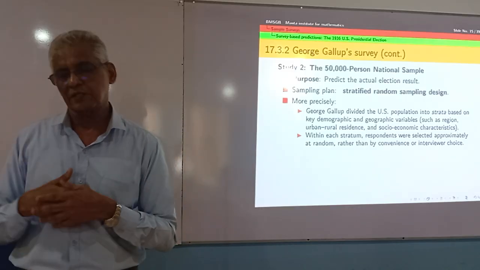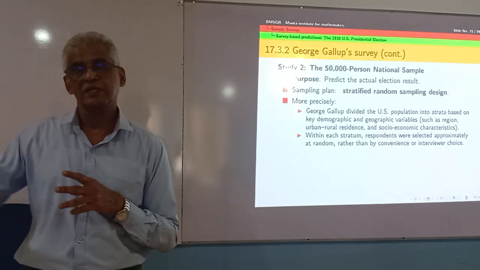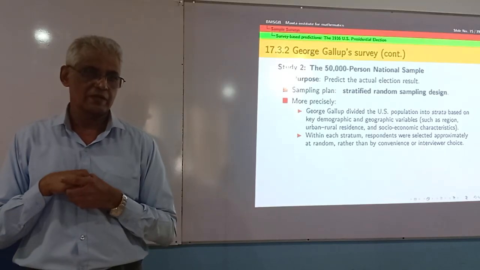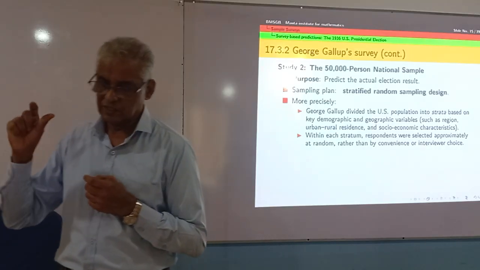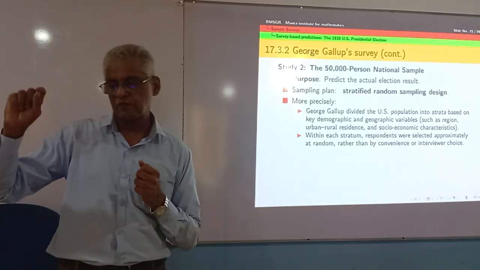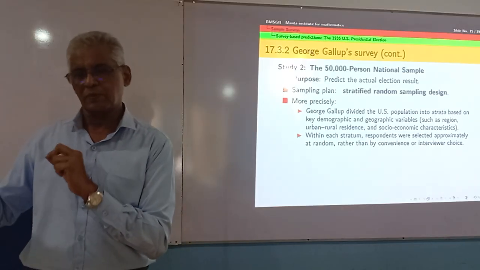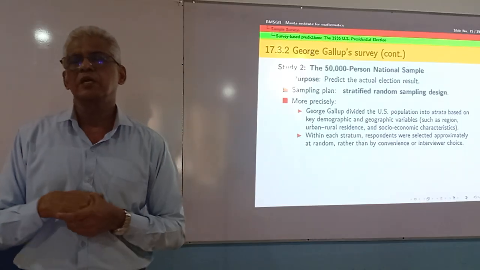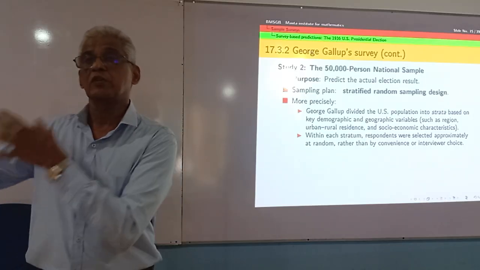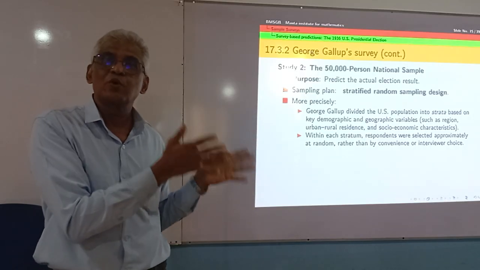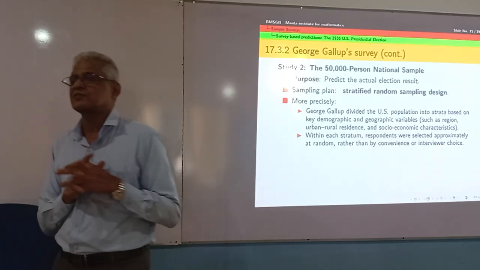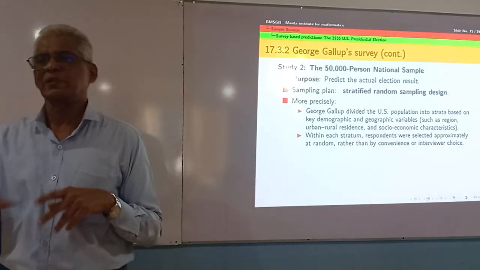Gallup actually predicted that Roosevelt would win. The actual proportion was a little off from the actual value, but he was anyway able to at least predict the actual winner. Whereas the more famous, prestigious Literary Digest was completely wrong.